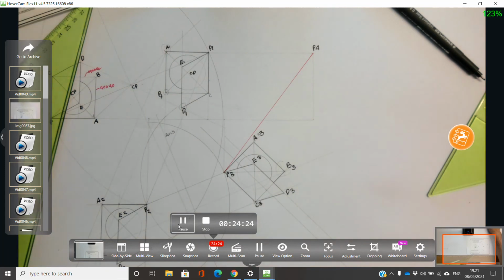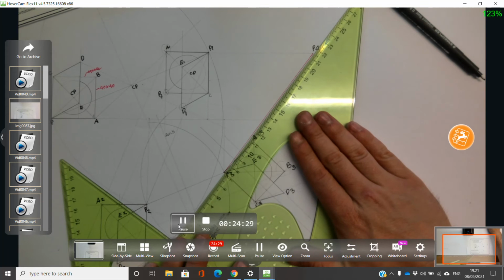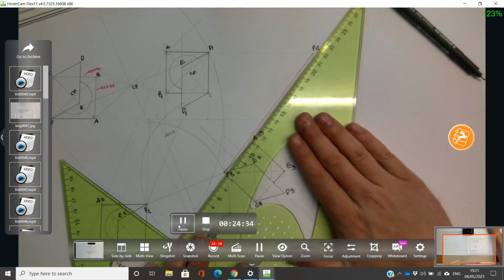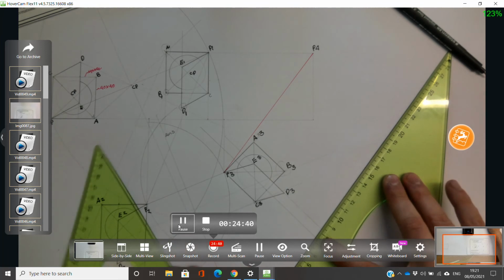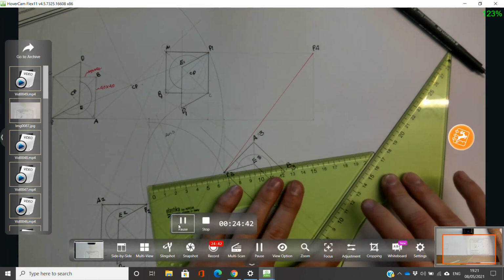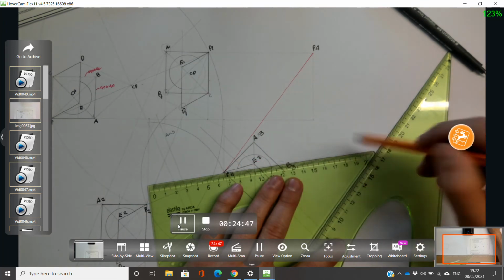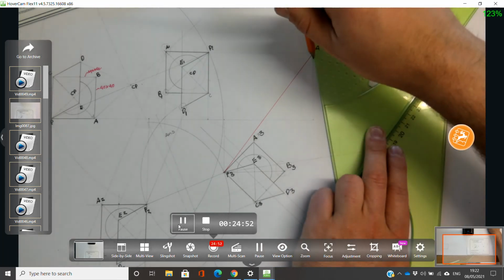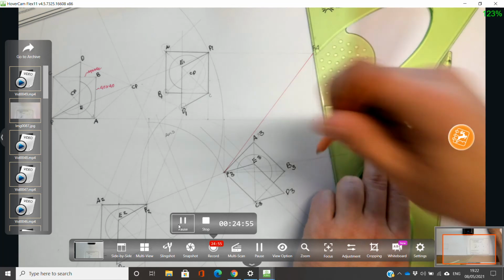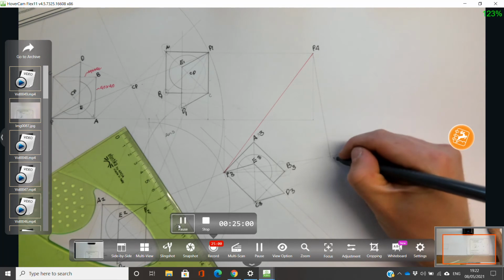So I'm going to draw two 45 degree lines from line P3 to P4. Now, here's the center point of rotation.